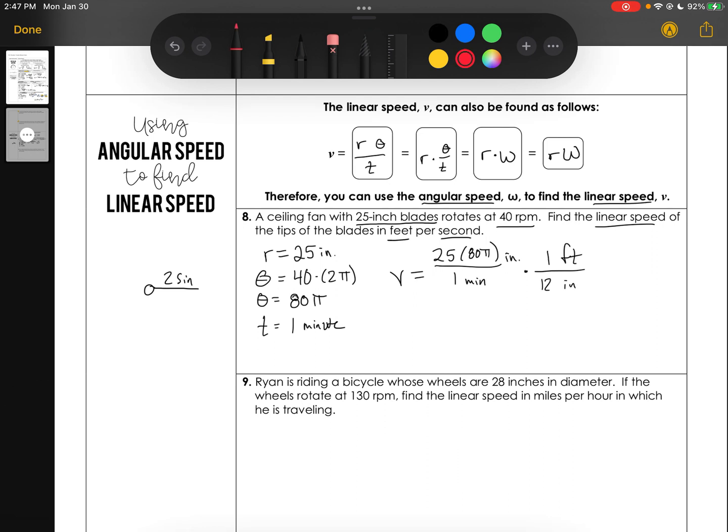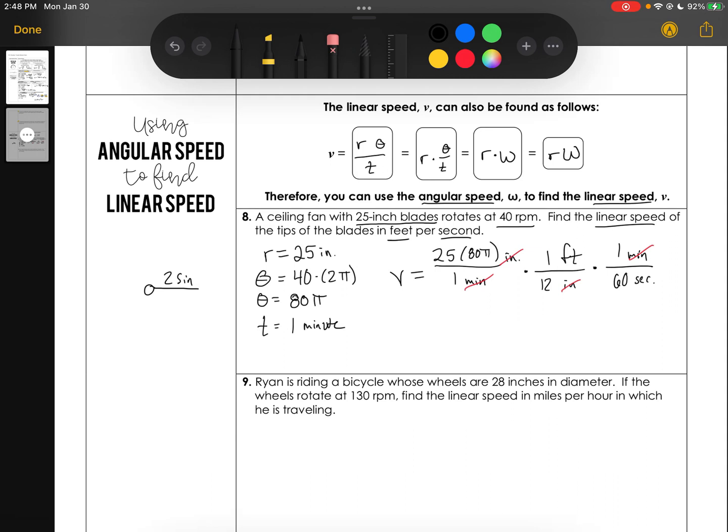So starting off with inches, 12 inches in 1 foot. Always good to double check here that inches do cancel, leaving us with feet. And then for the next part, minutes. So 1 minute, because we're going to seconds in every 60 seconds. So minutes cancel, leaves us with feet per second.